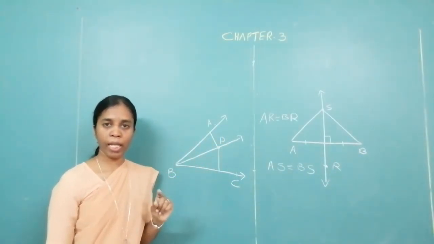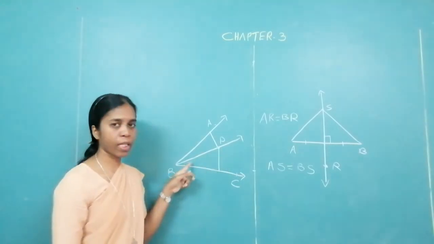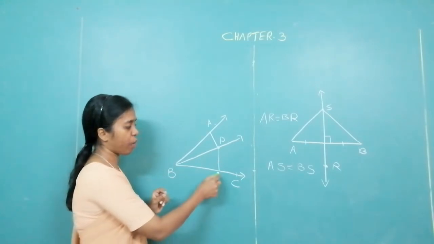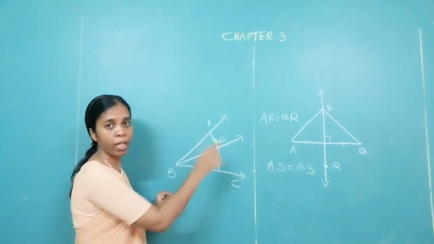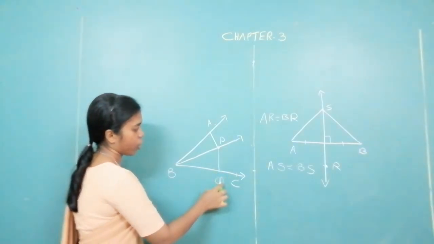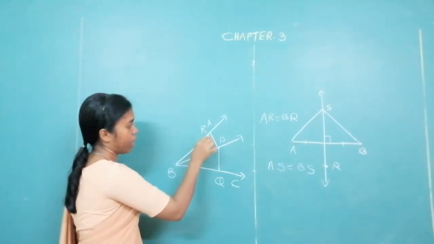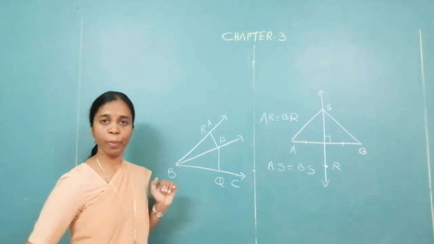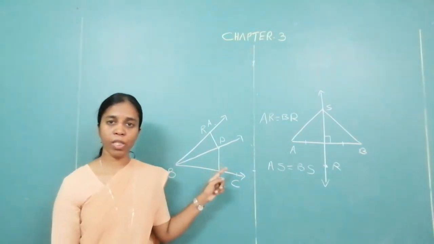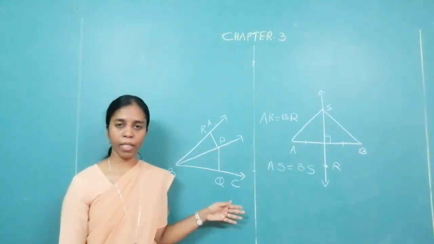Any point lying on the angle bisector is equidistant from the arms of the angle. That means if I name this as Q and this as R, then you can say PQ is equal to PR.